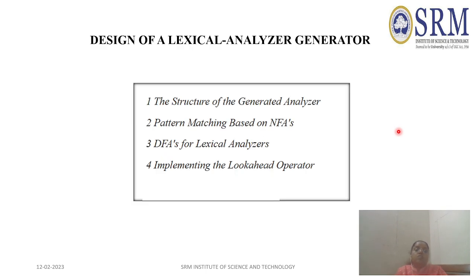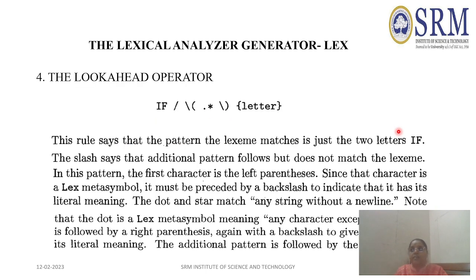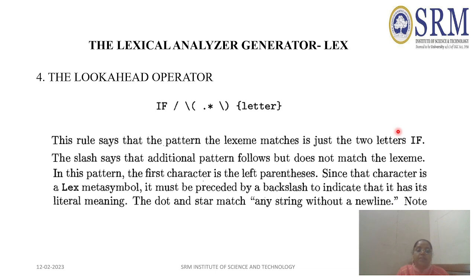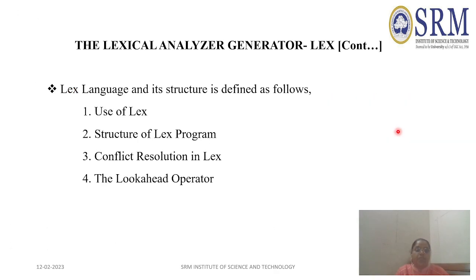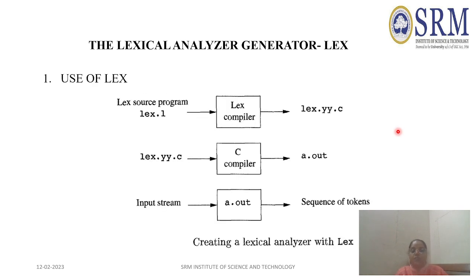So far we have seen about the learning of the lex tool and lex programs. The first one is the use of lex, that is, the .l extension to the .c extension, the lexical analyzer, which takes input in one form and produces output in another form.